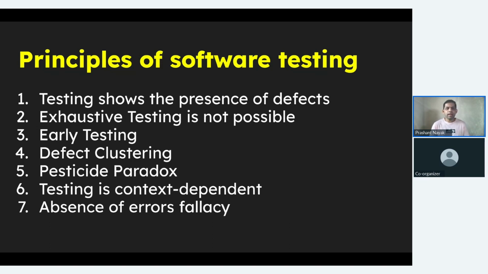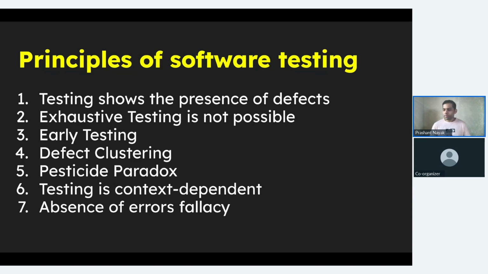I can't test more, because everything that was covered in the requirement document, everything that came to my mind as part of the scenarios, I have covered. So there is a limit on the testing as well. You can't keep on testing indefinitely. So that's principle number two: exhaustive testing is not possible.